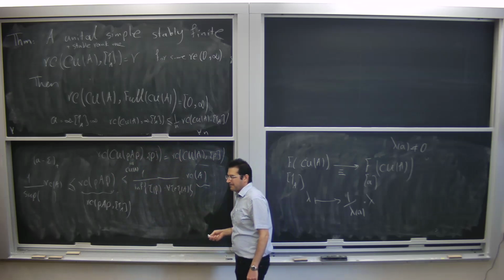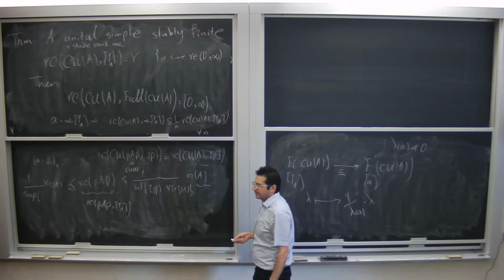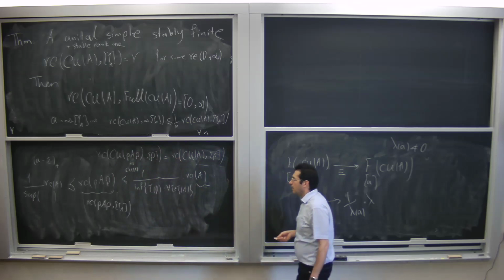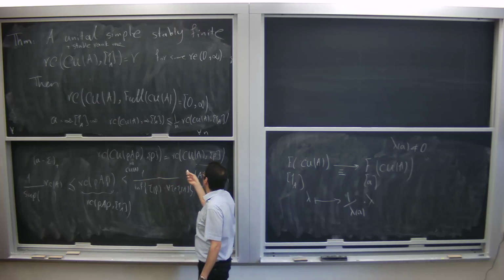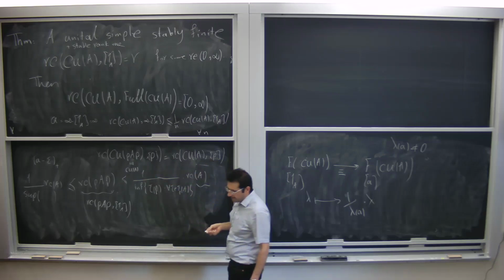Oh, so you're saying taking radius of comparison with respect to a full projection is in fact kind of useless because it's going to be the same thing. Well, it depends. It would always be a finite relationship.